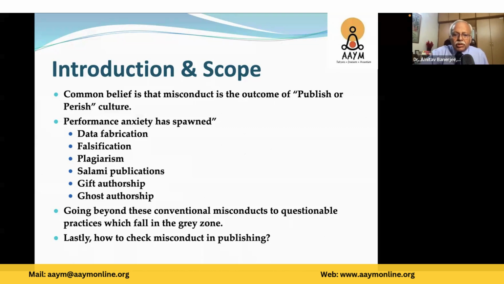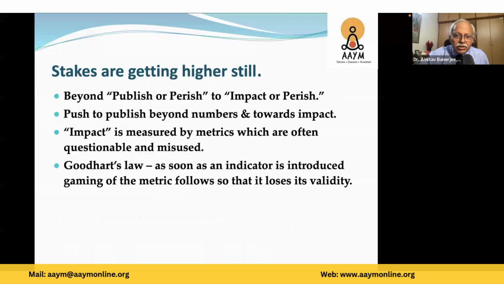Going beyond this, there are many practices which again fall in the gray zone, like in all ethics. Due to international ranking, many universities want you to publish in high impact factor journals. And Goodhart's law: as soon as a metric is used as an indicator, people start gaming it, and the metric loses its importance.